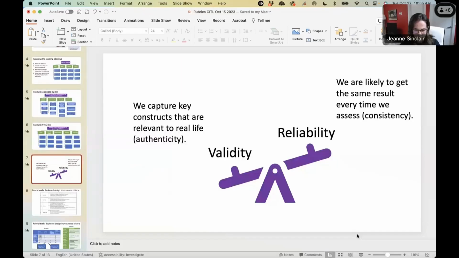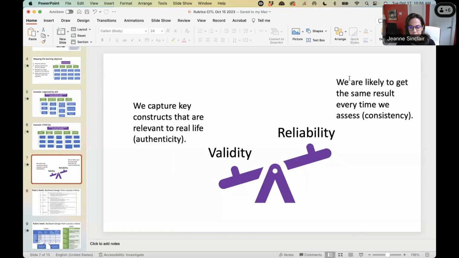Okay. So when we think about assessment, we're weighing two things: the reliability of the assessment and the validity of the assessment. And technically, an assessment has to be reliable in order for it to be valid. But generally speaking, when we talk about reliability, we're talking about getting the same result every time we assess, okay?